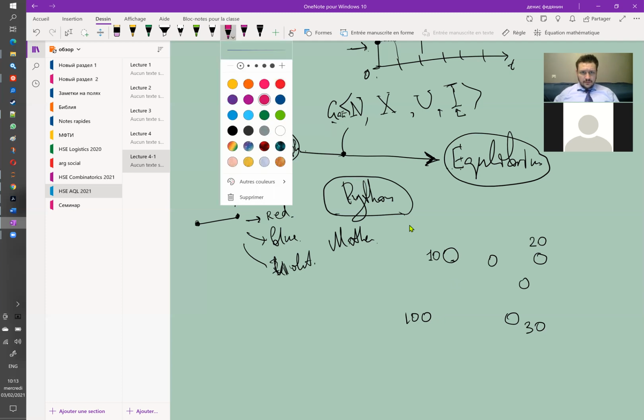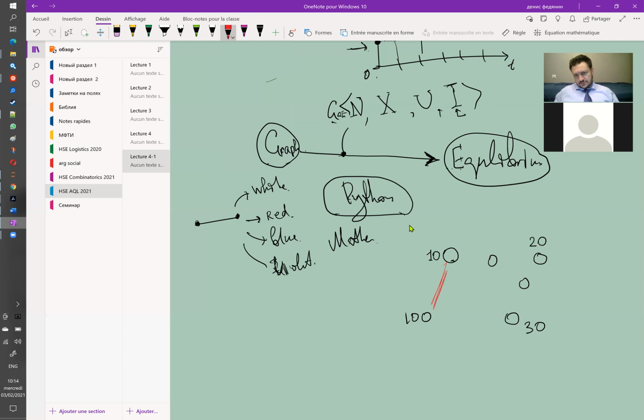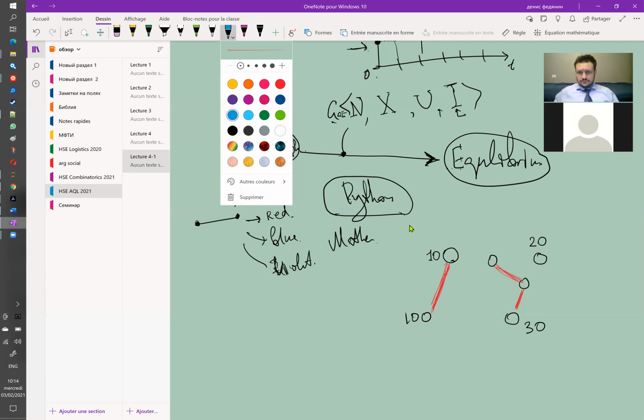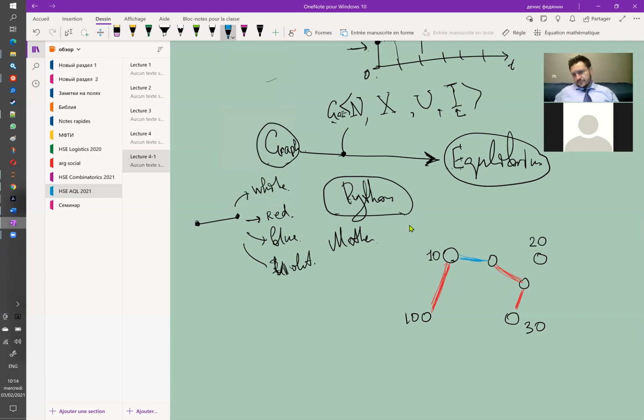Like the red one. So this road is known only by the red player. We have blue. These roads are known only by the blue player.